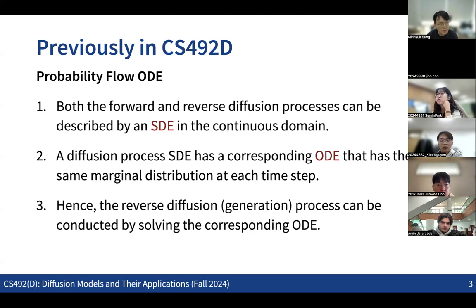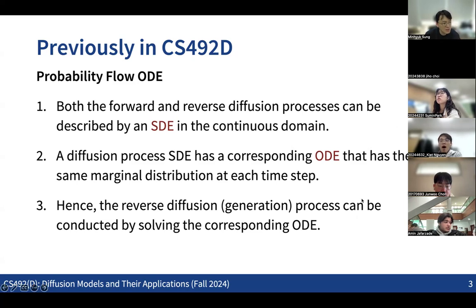So the problem becomes that we can now run the generation process as solving the corresponding ODE formulation. The question is how we can accelerate solving the ODE using a dedicated solver.